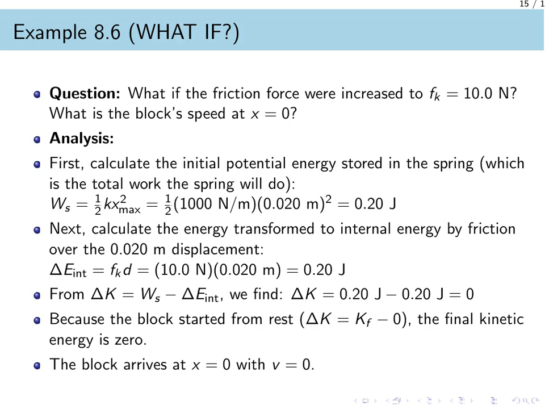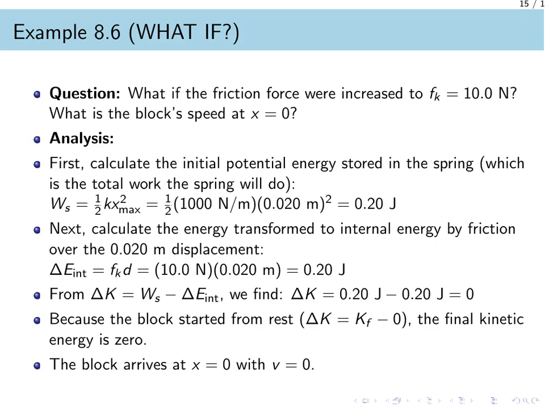Next, we calculate the energy transformed by friction, delta E sub int. This is F sub k times d, which is 10.0 newtons times 0.020 meters, and this also equals 0.20 joules. The change in kinetic energy, delta K, is the work from the spring minus the energy lost to friction.